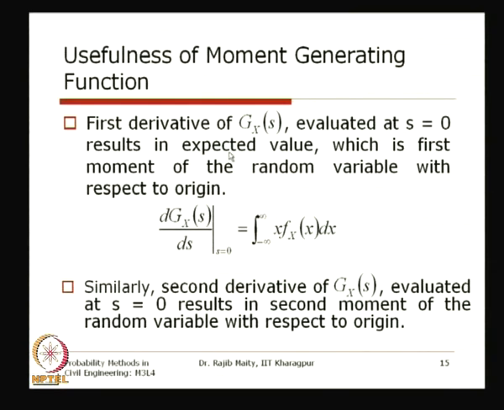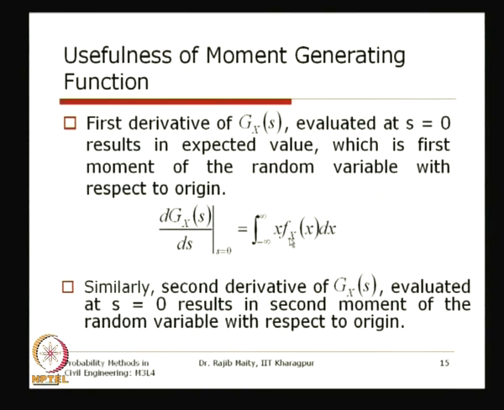results in the expected value, which is the first moment of the random variable with respect to the origin. Now I am taking the first derivative, and after this derivative I am putting s equals to 0. By this simple calculus we get the integral from minus infinity to plus infinity of x, due to the derivative, and e power sx, when we put s equals to 0, becomes 1.